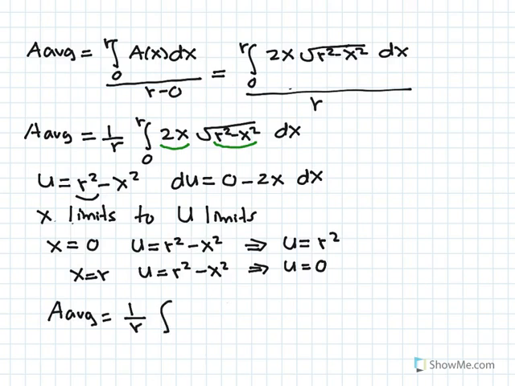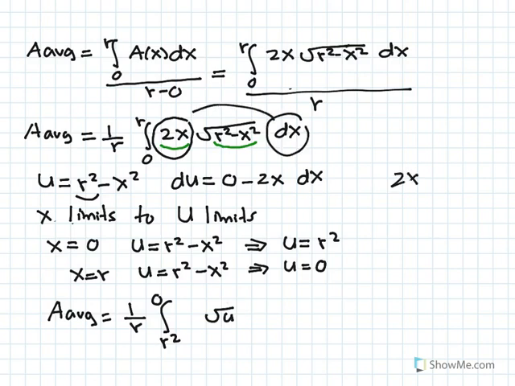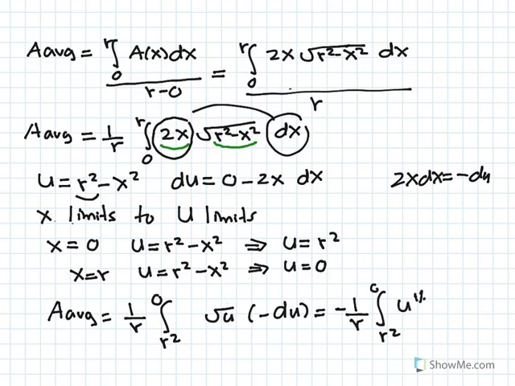Change the limits, so the lower limit x equals 0 becomes r squared. The upper limit becomes u equals 0. And what we have is root of u. And 2x dx, this part, we can replace it with minus du. So 2x dx is equal to minus du. So let's put that in, minus du. And if we simplify this, we get negative 1 over r times the integral from r squared to 0 of u to the 1/2 du.